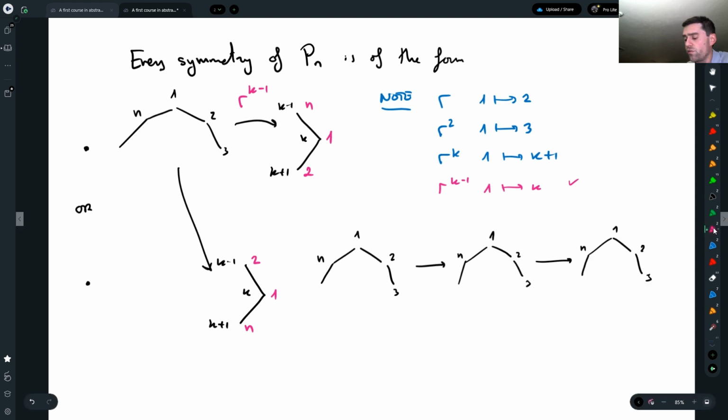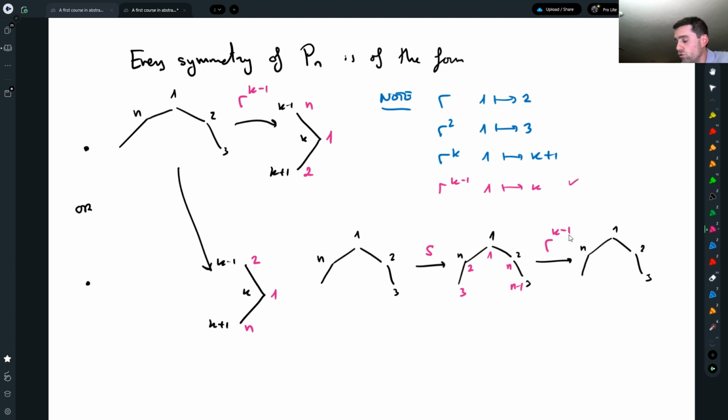And I'm going to start first by doing a reflection. And the reflection sends 1 here, but 2 ends up here, n ends up here. So this is n minus 1, and 3 ends up here. And then I want to rotate it. So 1 ends up in the kth position. So I'm going to use my r to the k minus 1th map.